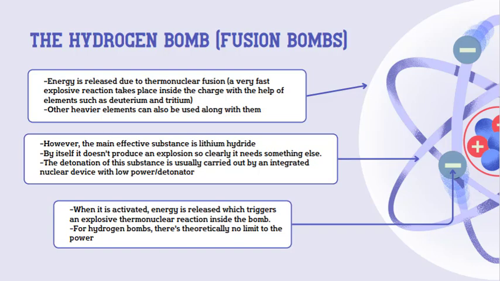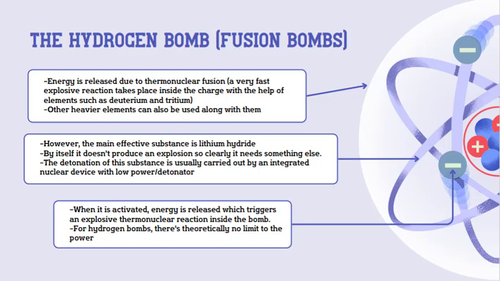A very fast explosive reaction takes place inside the charge with the help of elements such as deuterium or tritium. Other heavier elements can also be used along with them. However, the main effective substance is lithium hydride. By itself, it doesn't produce an explosion, so clearly it needs something else.